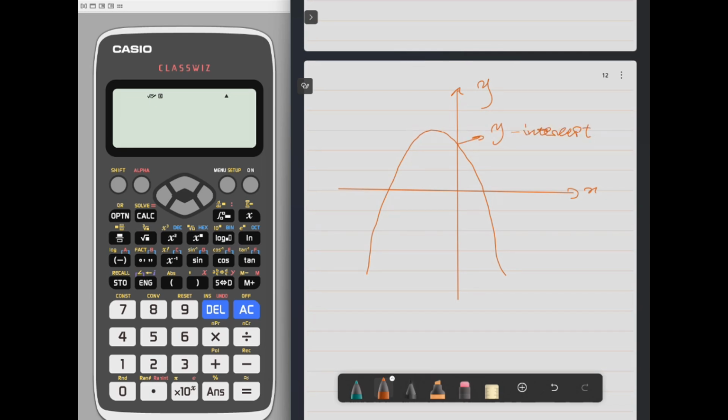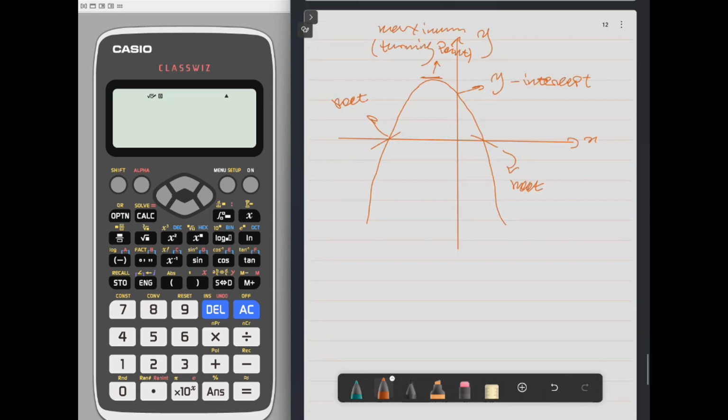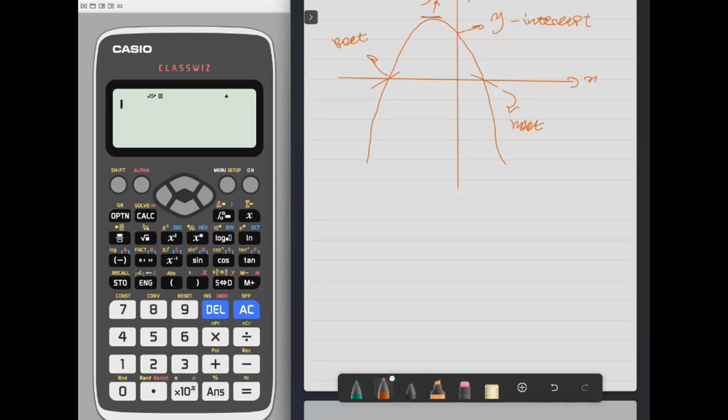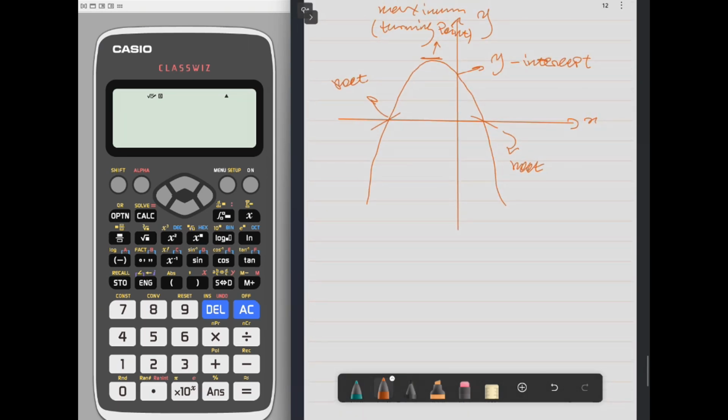This is your maximum, or turning point. This is going to be one root, and this is going to be another root. And you have to determine the coordinates of all of these 4 points. So, guys, this is it.